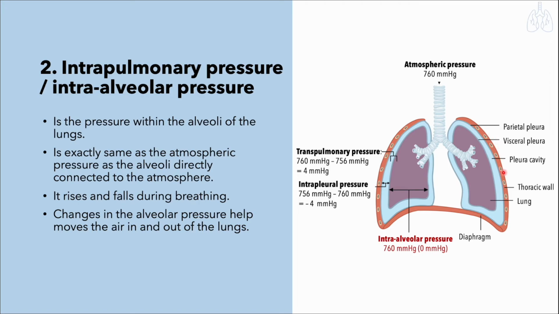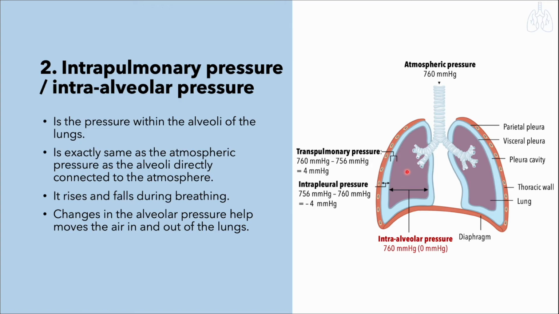When the thoracic cavity is expanded, it will increase the intrapulmonary volume. When the volume is increased, the pressure is decreased. So that is the situation by which the intrapulmonary pressure is reduced.